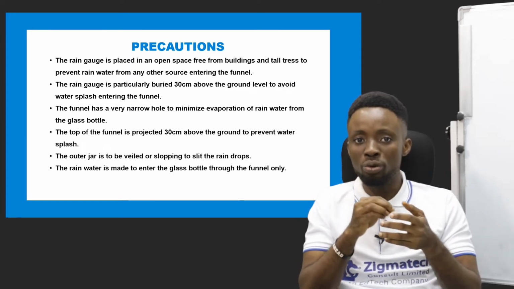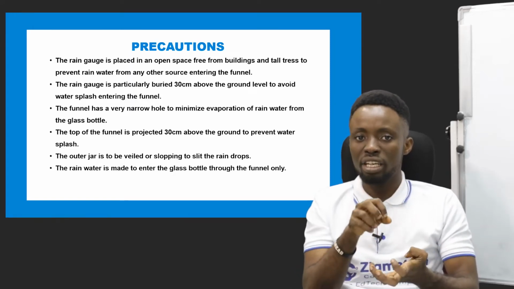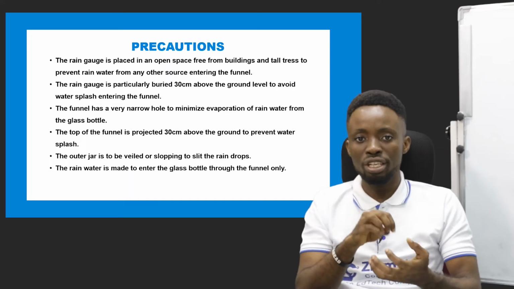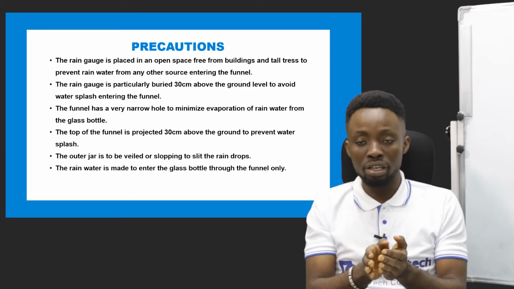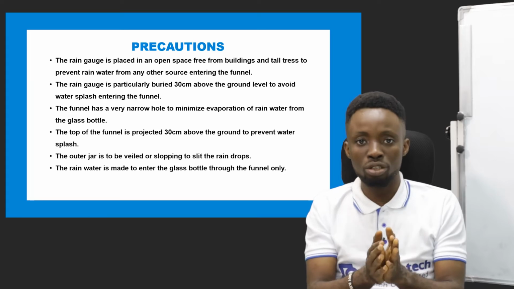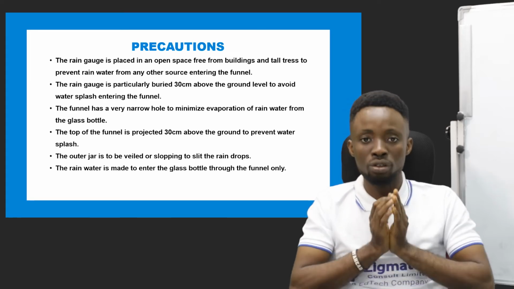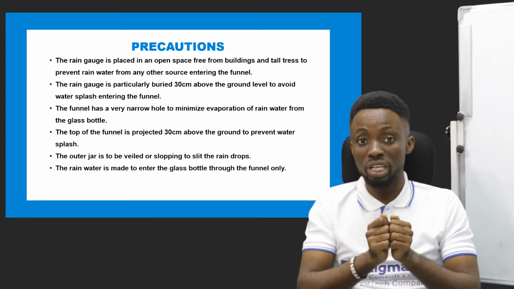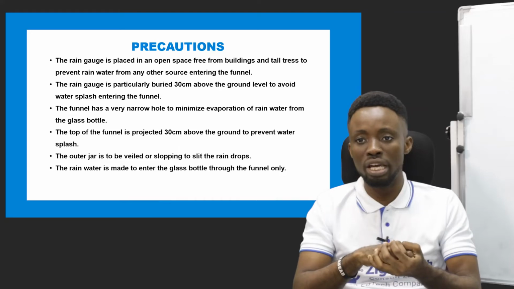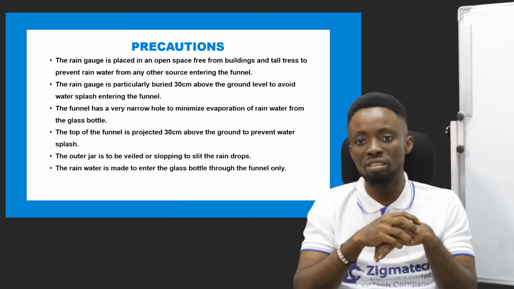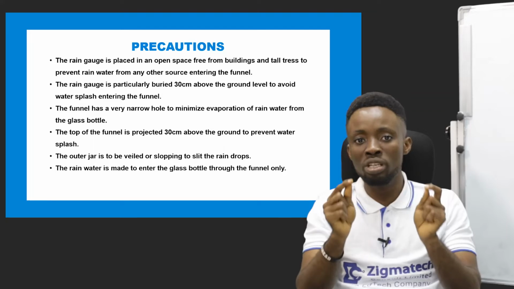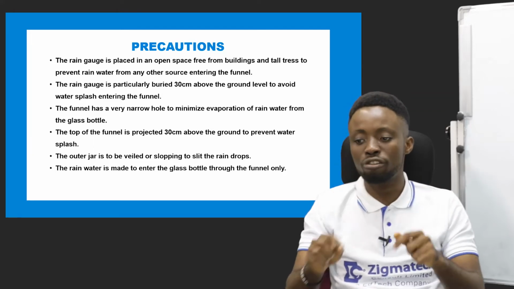So you ensure that you always have a funnel fitted in the rain gauge, because if there is no funnel, there will be a poor value of rainfall measured for that day. So you ensure the funnel is there, and the funnel is 30 cm above the ground level, and water should only enter the rain gauge through the funnel.